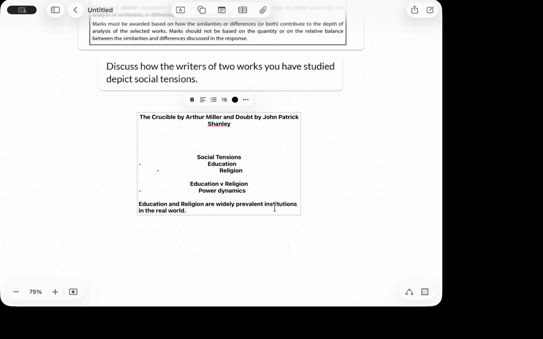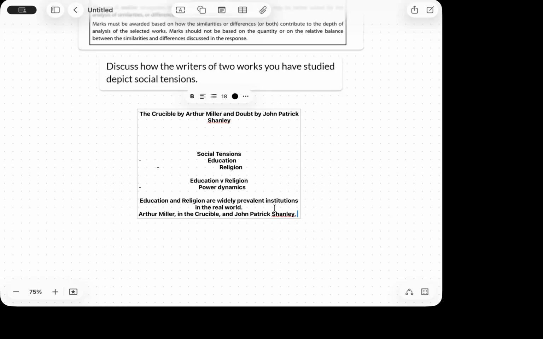Arthur Miller in The Crucible, and John Patrick Shanley in Doubt, portray the tension between education and religion through the power dynamics, the institutionalization, and a third thing, which I can't think of right now, but let's assume there is a third thing.